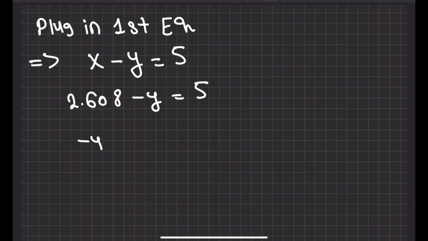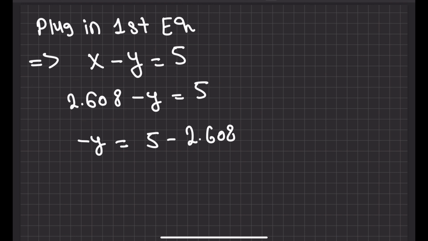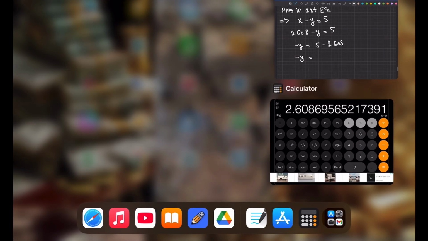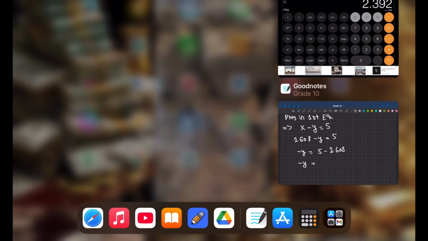So I'm just going to write down negative y equals 5. I'm going to move this positive number to the right side so it becomes negative. It's going to be 5 minus 2.608. Negative y equals, I have to use my calculator, 5 minus 2.608, 2.392.